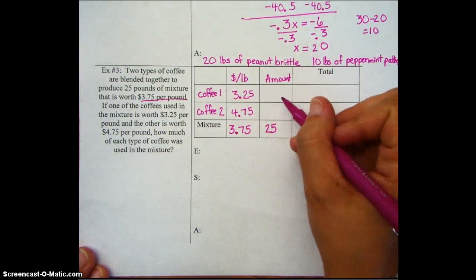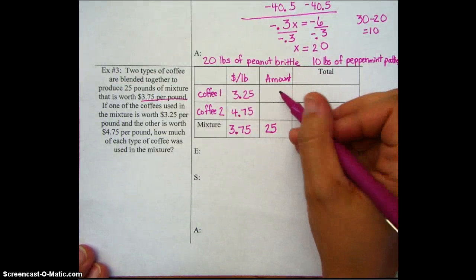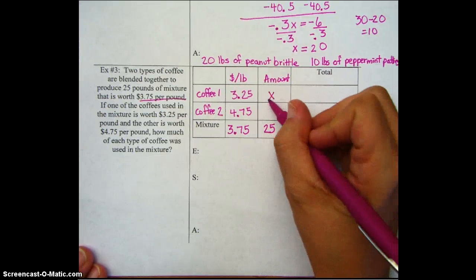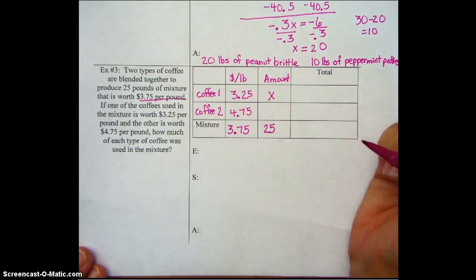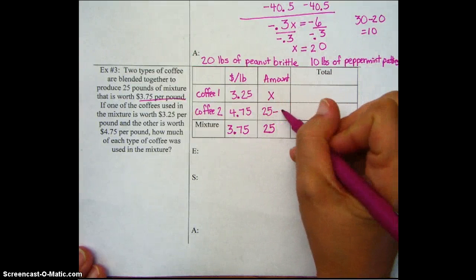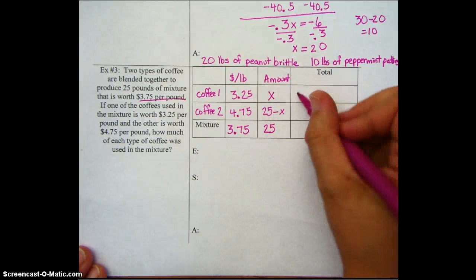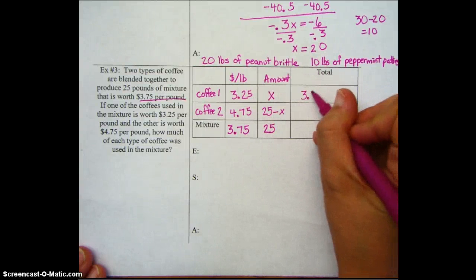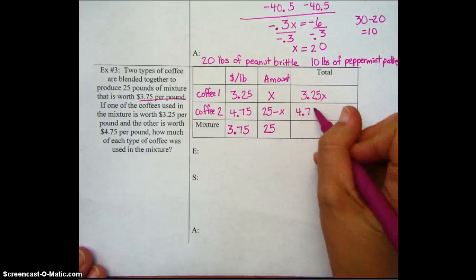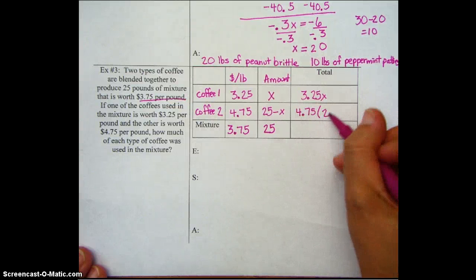Again, the placement of the X does not matter. You'll just be solving for one type of coffee first instead of the other. Let's say we put the X on top. What goes in the middle? That's right, it's going to be 25 minus X. If we multiply across, we'll get 3.25x and then 4.75 multiplied by the whole quantity, 25 minus x.